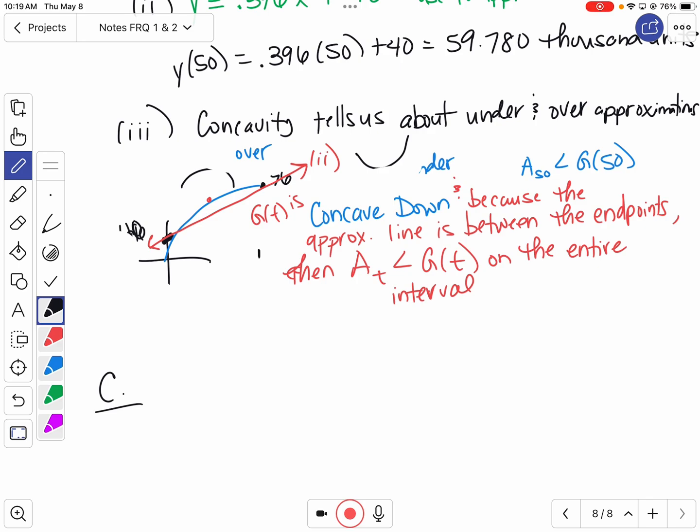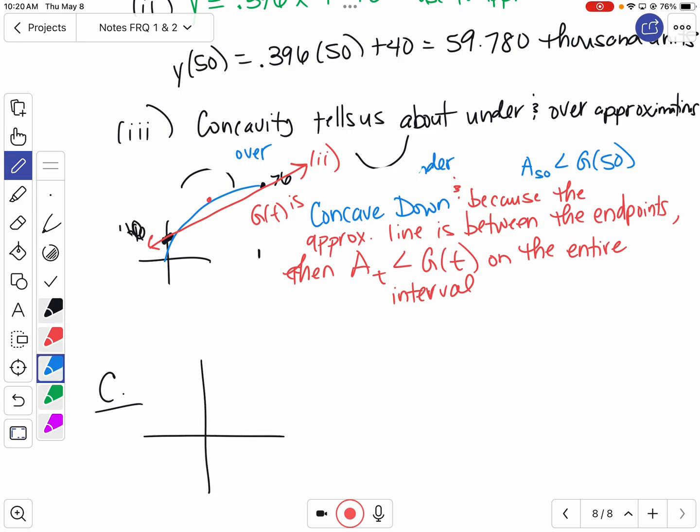Okay. Let's see. On part C, it said the makers of the video game reported that daily sales decreased after t equals 91. Explain why the error in model G increases after t equals 91. Oh, that's weird. Well, let's think about it. So we know our graph looks something like this.